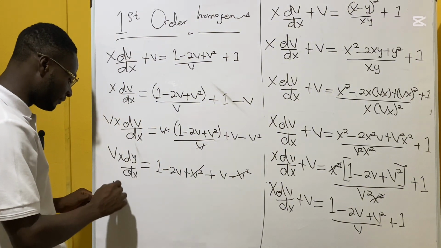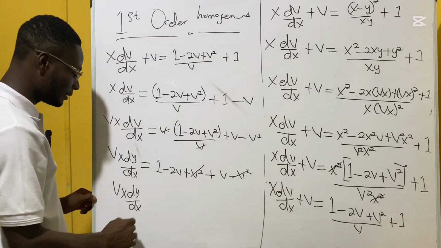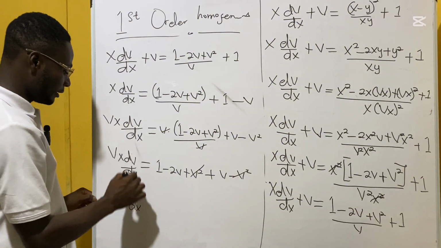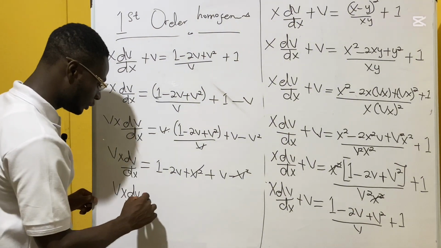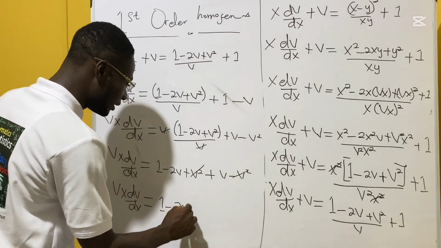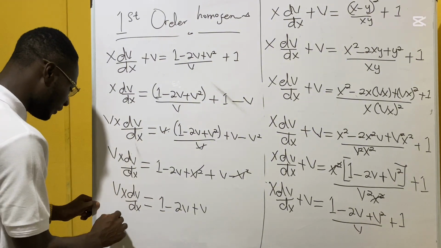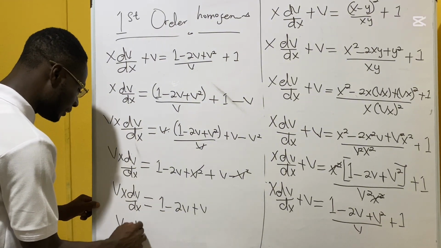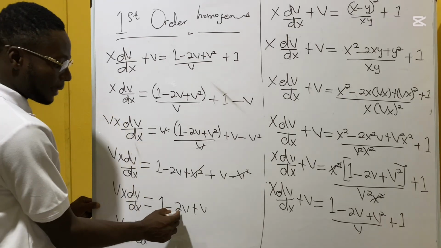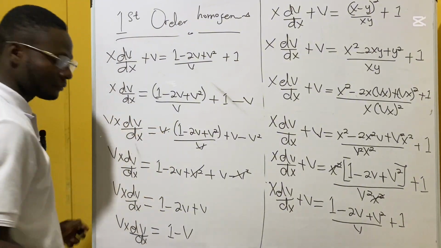So this minus v squared takes off this positive v squared. All right, so we have v squared dv over dx should be equal to 1 minus 2v plus v. Okay, so we have vx dv over dx should be equal to minus 2v plus v, which is going to be minus v.